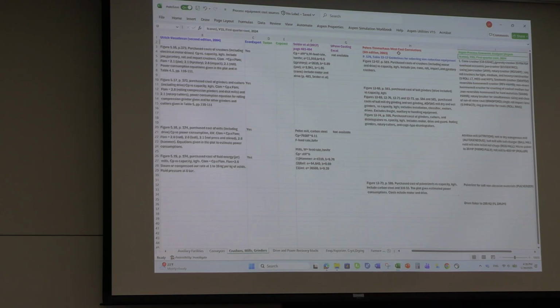That is the design textbook. You see some equipment cost mentioned here, figure number, page number. If you don't have the book, contact me. Aspen Process Economic Analyzer maps the cost to their own model.